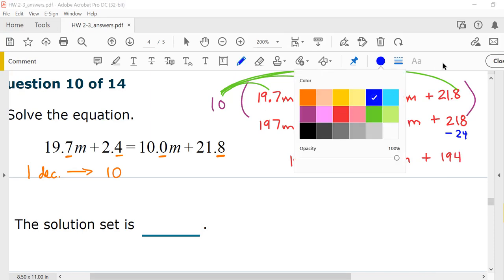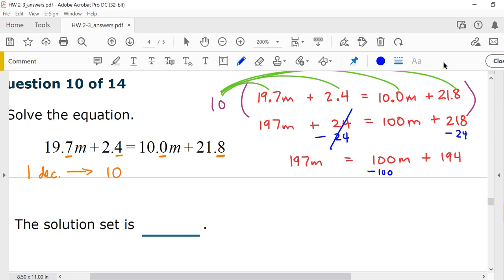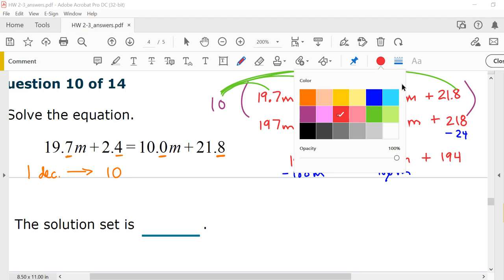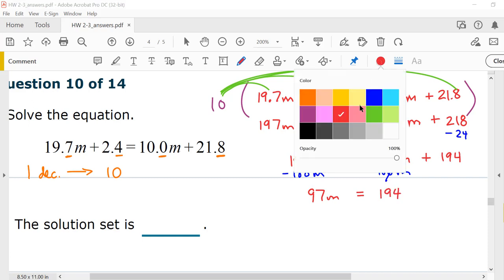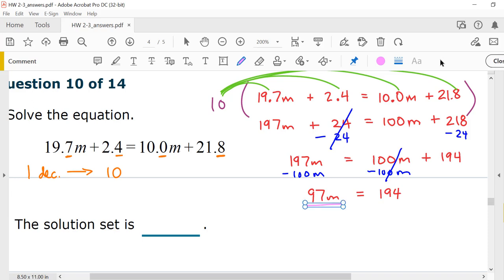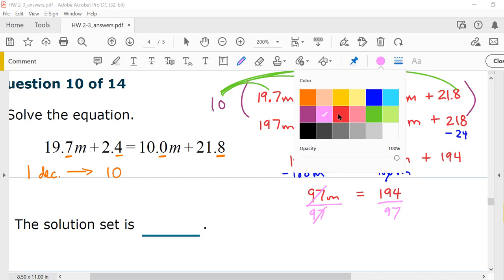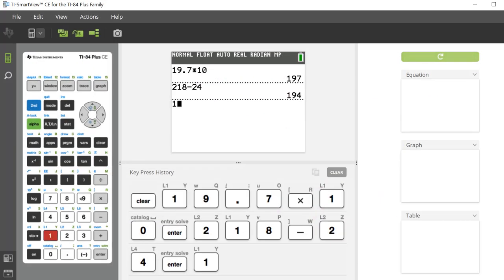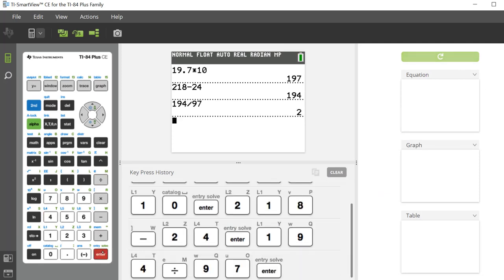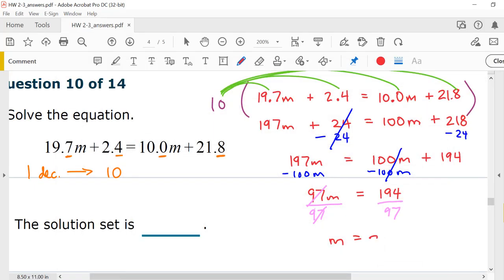Subtract 100m from both sides. 197m minus 100m is 97m equals 194. Dividing both sides by 97, I'm left with m equals 194 divided by 97 is 2. m equals 2.